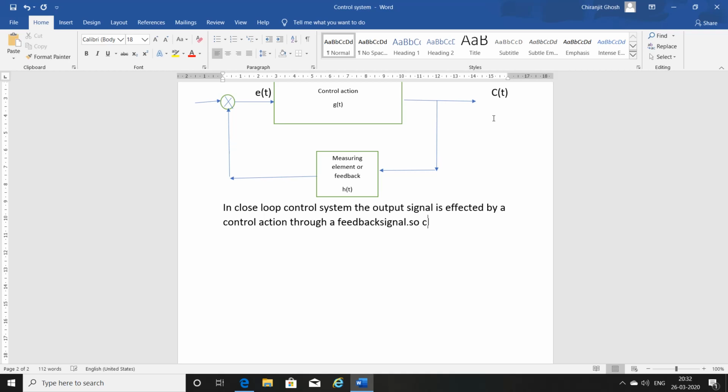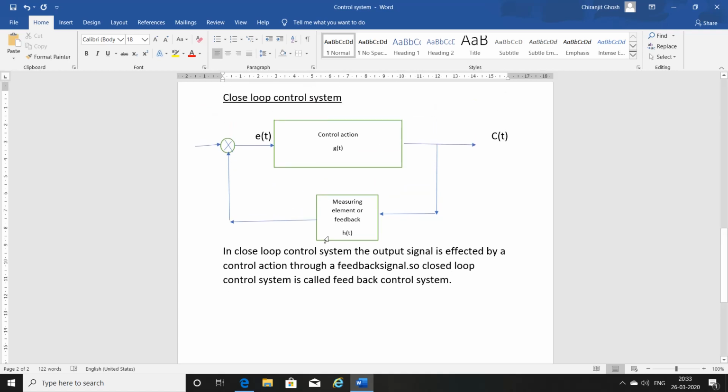The closed loop control system is called a feedback control system. So in a closed loop control system, the output signal is affected by a control action through a feedback signal.